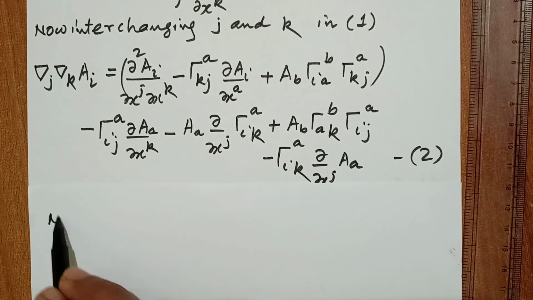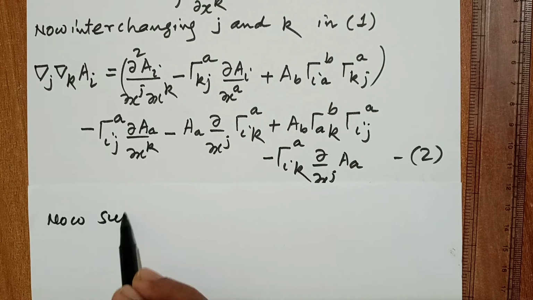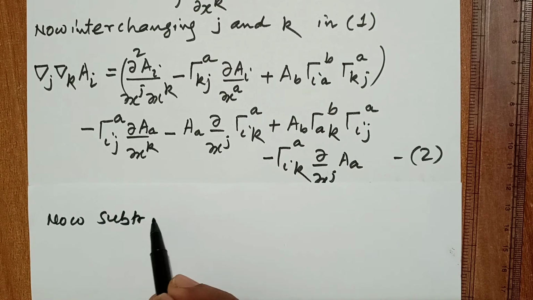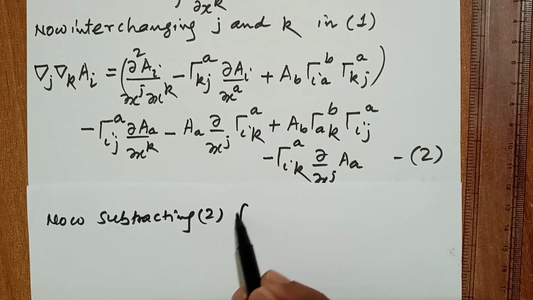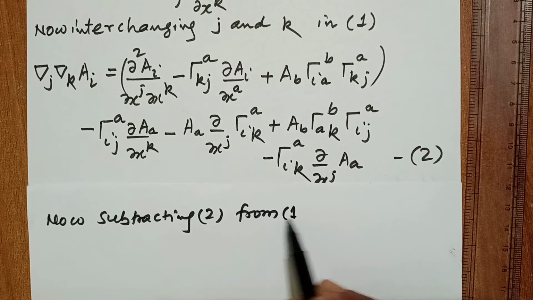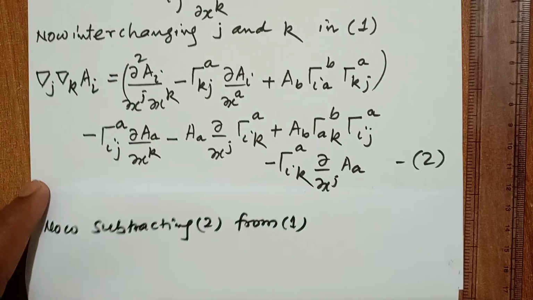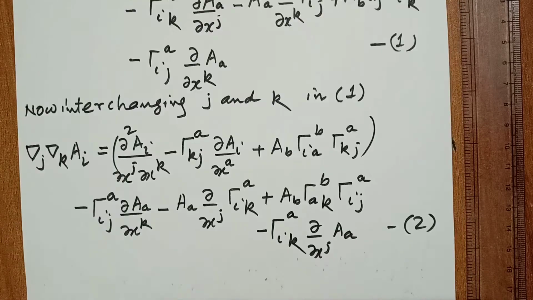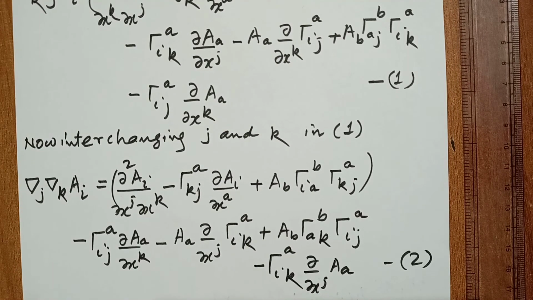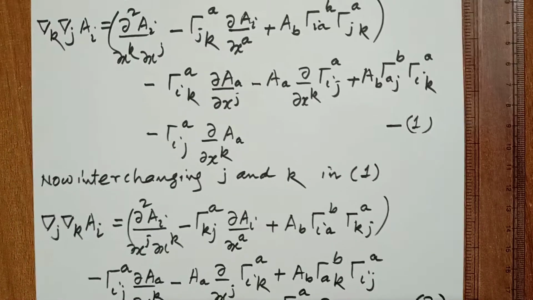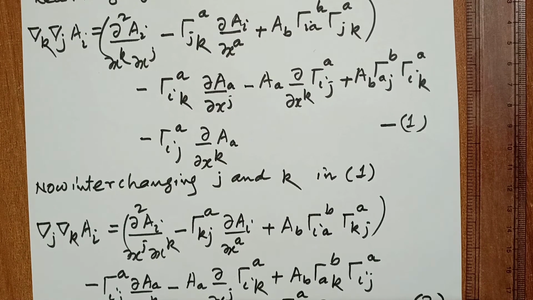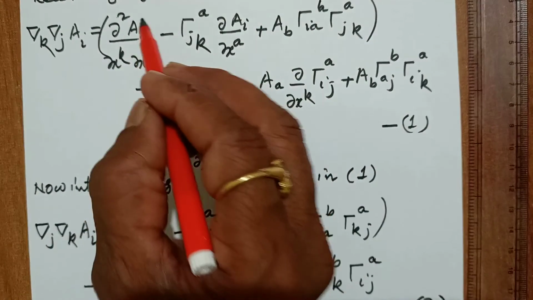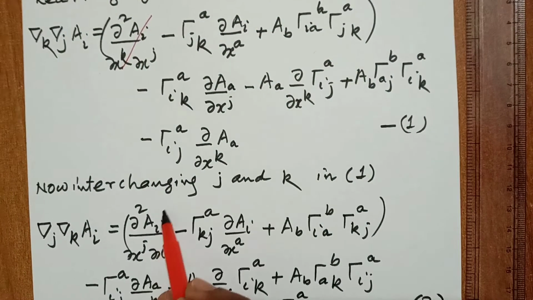Now subtracting 2 from 1. If we subtract 2 from 1, we see here this term will cancel here.